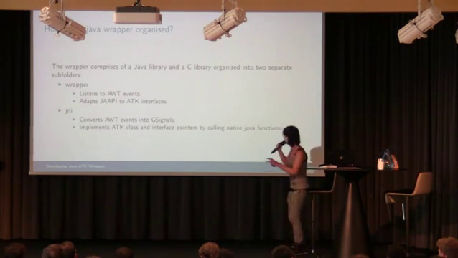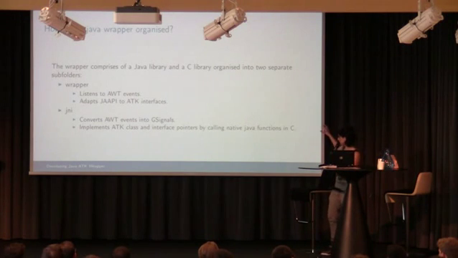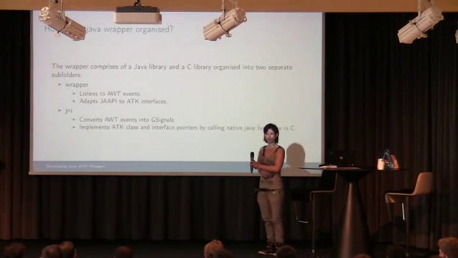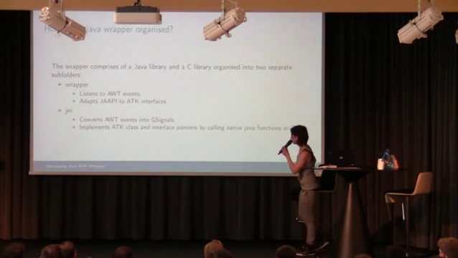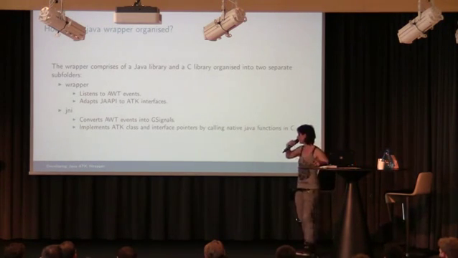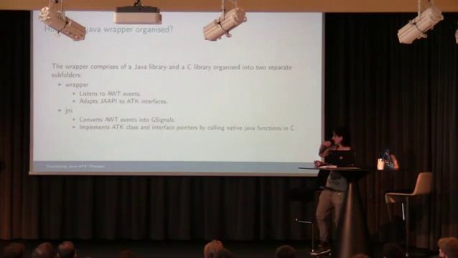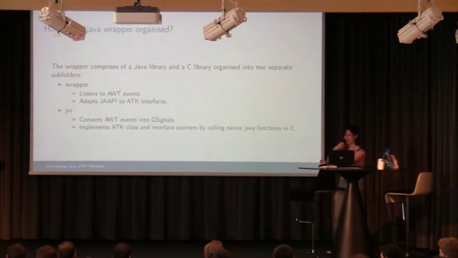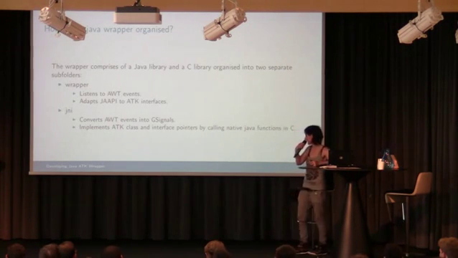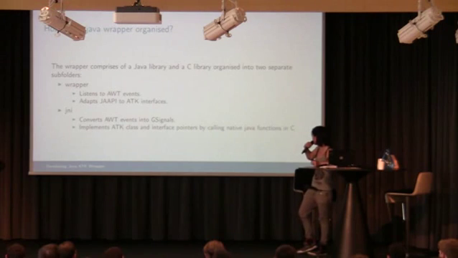Just an outline of it. It's organised as a Java library and a C library, two separate subfolders. You've got a wrapper, which listens to AWT events and then adapts the Java API to ATK interfaces, and then you've got JNI, which is written in C. It converts AWT events to GSignals and implements ATK class and interface pointers.